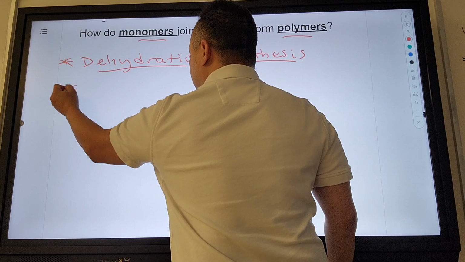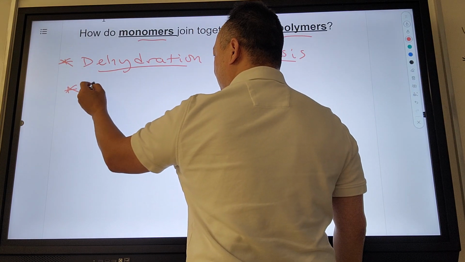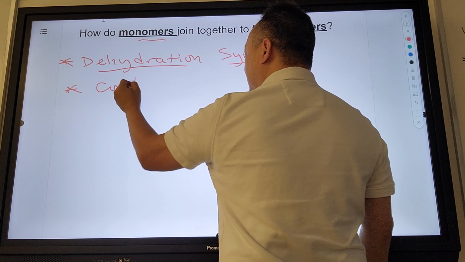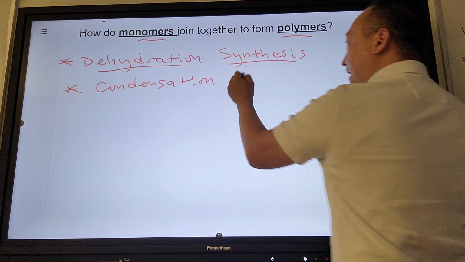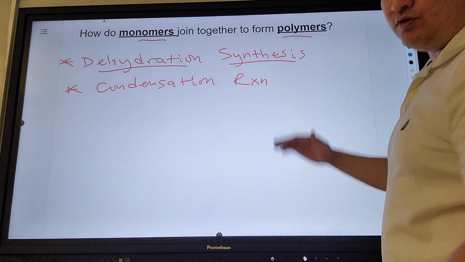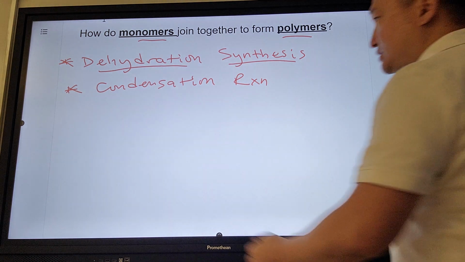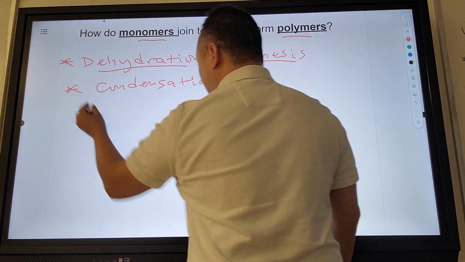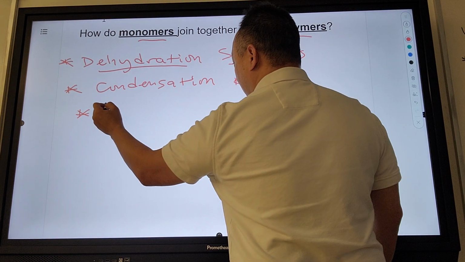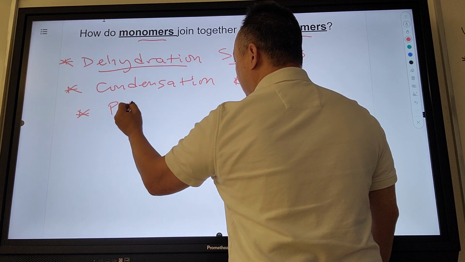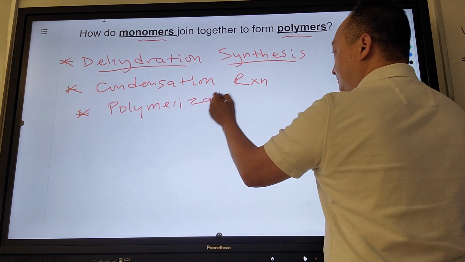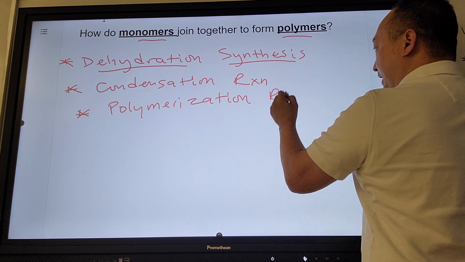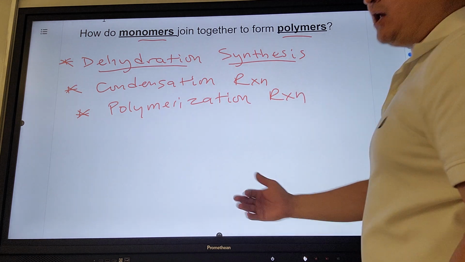Now this is a class of reactions called condensation reactions. So if you see that, that's also correct, which is a class of reactions known as polymerization reactions, reactions that form polymers.